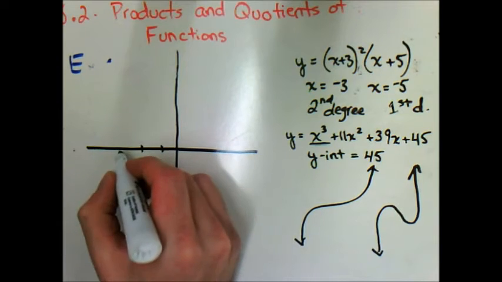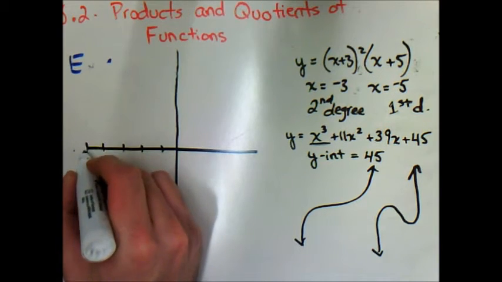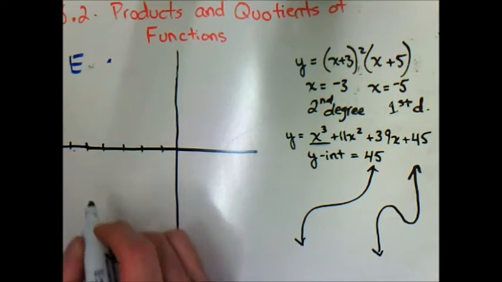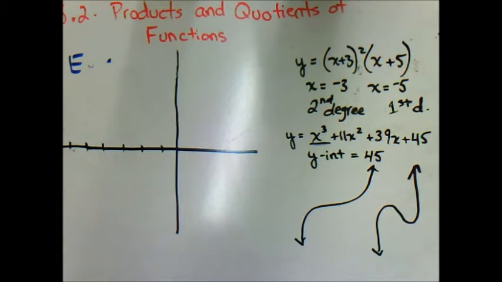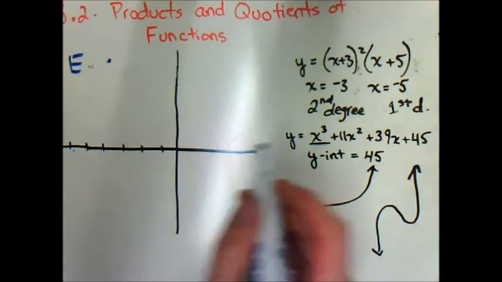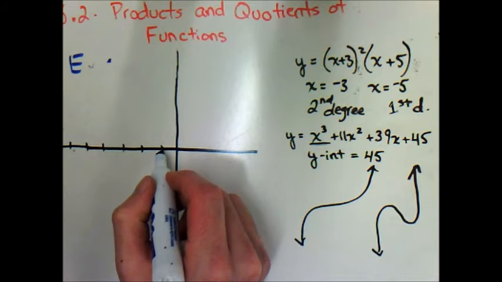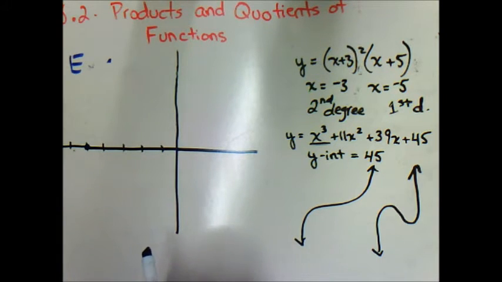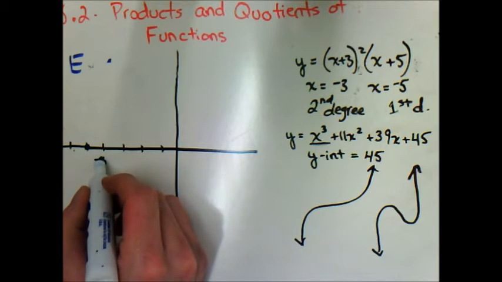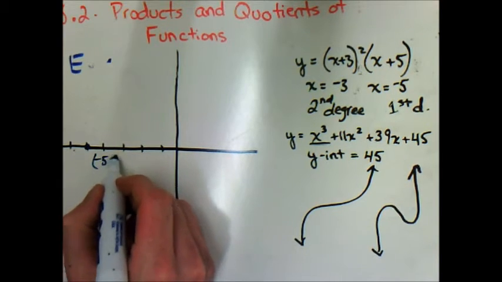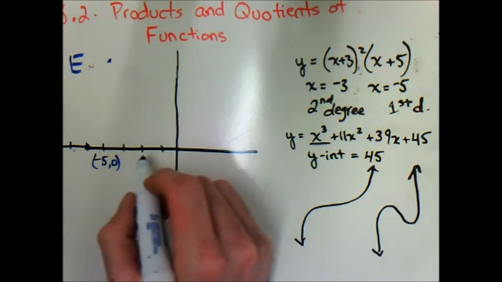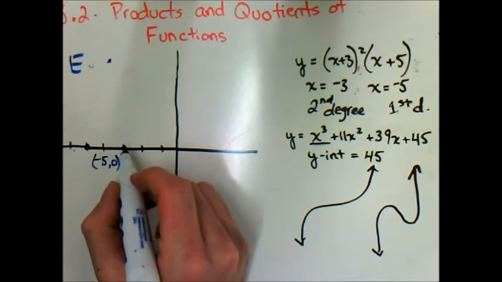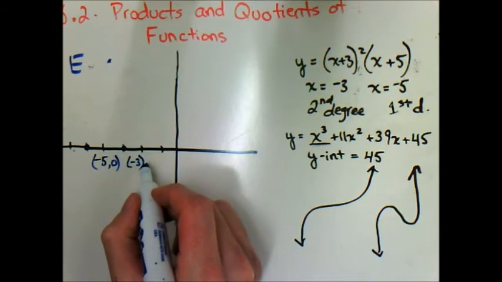Negative 1, negative 2, negative 3, negative 4, negative 5. So we said at negative 5, it's a first degree. It's going to cross over 1, 2, 3, 4, 5. It's going to cross the x-axis at negative 5. And it's going to touch the x-axis at negative 3.